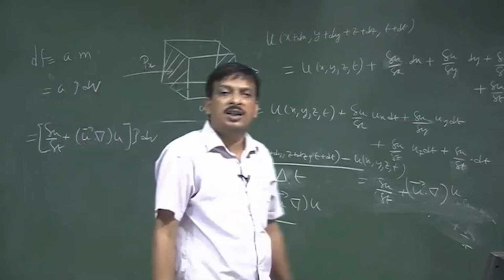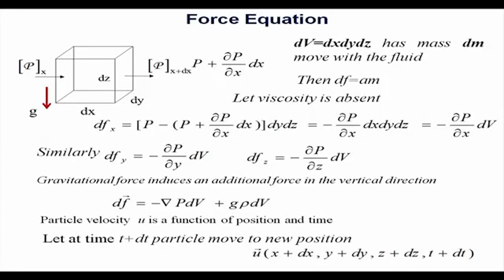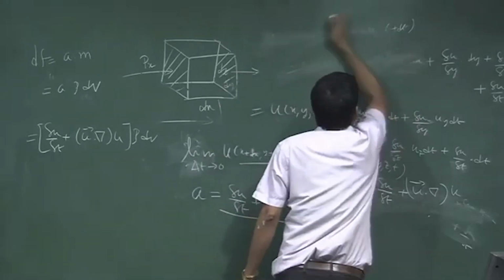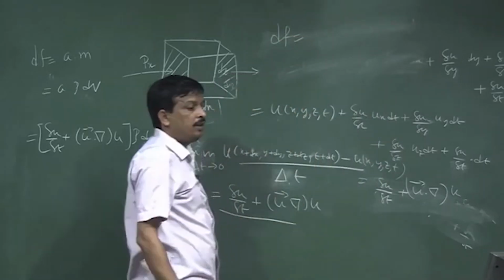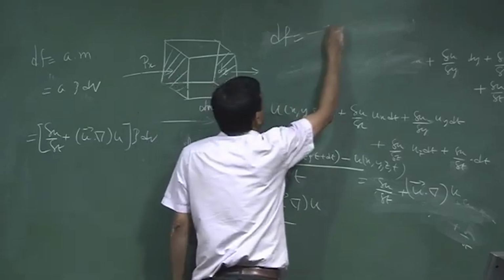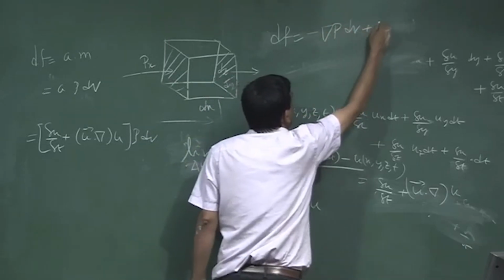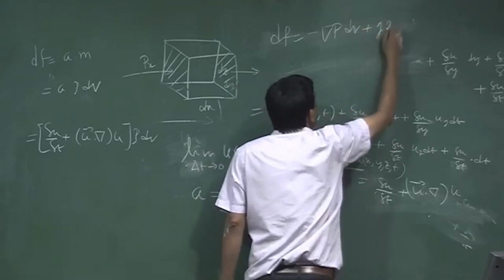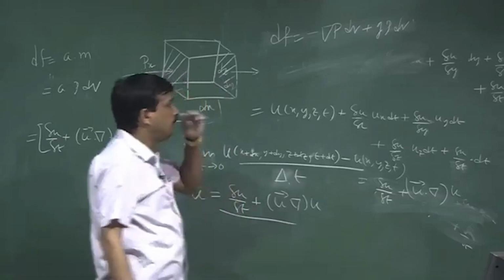And what force expression have we derived? From that equation, we derived that the total force dF is nothing but minus the divergence of the total pressure into dV, plus gravitational acceleration into density into volume dV.